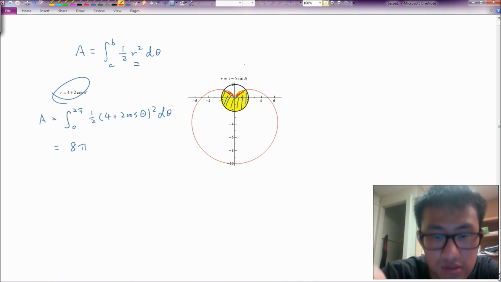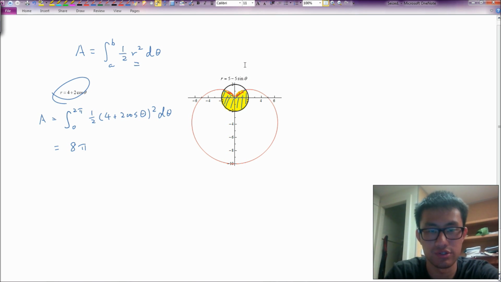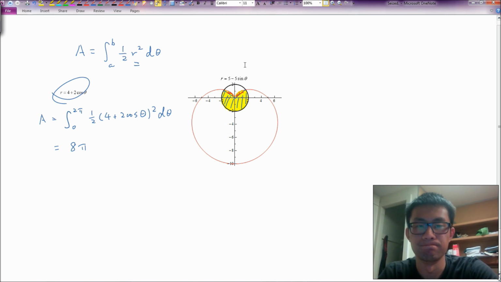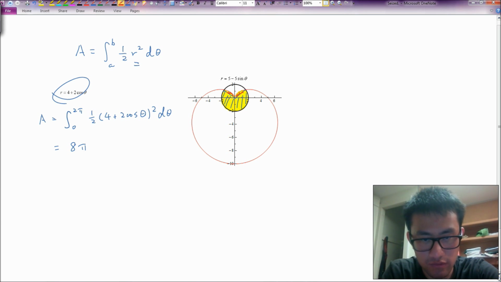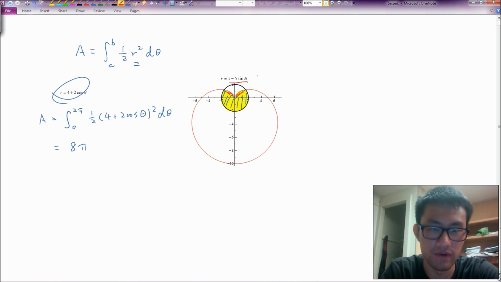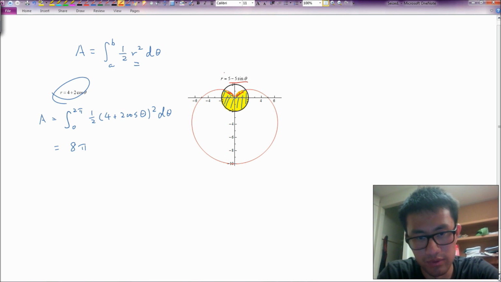Because polar functions move in a circle, all we need to do is find these two intersections. From here to here, it will be these two red parts of r equals 5 minus 5 sine theta, and then the blue part would be just the circle from this intersection to this intersection.